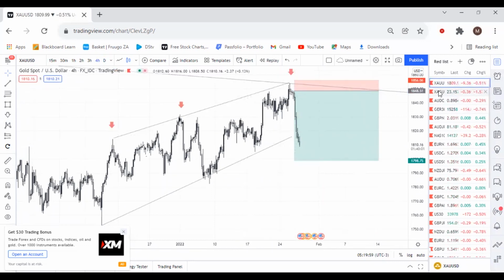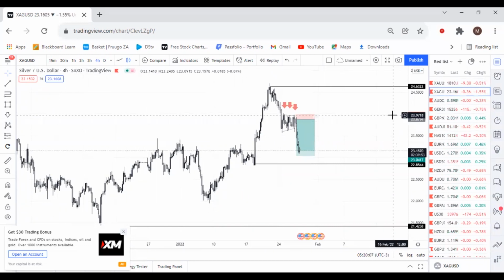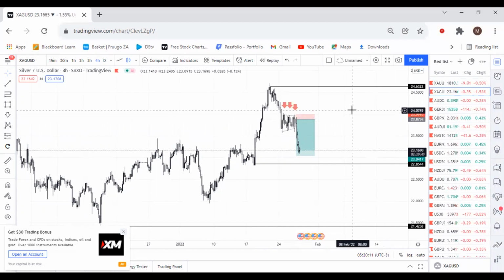Gold dropped by almost half, 1%. Silver was 1.55%. So silver took a huge drop, and that is what I was looking at. So this was a very good trade, very simple. It was just a flag after a huge rejection from the daily.